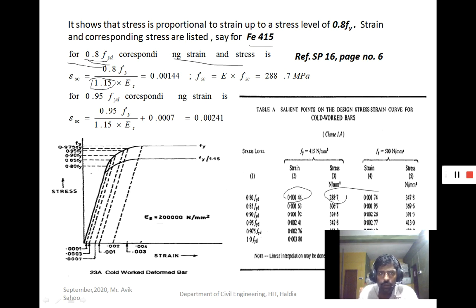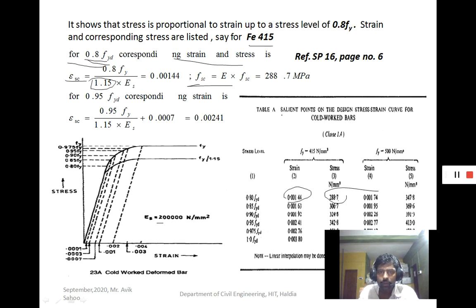Okay, so we see that from the IS 456 stress strain diagram, we get the epsilon sc and fsc, the corresponding strain and corresponding stress at 0.8 Fy, and the same tables are given in SP16.